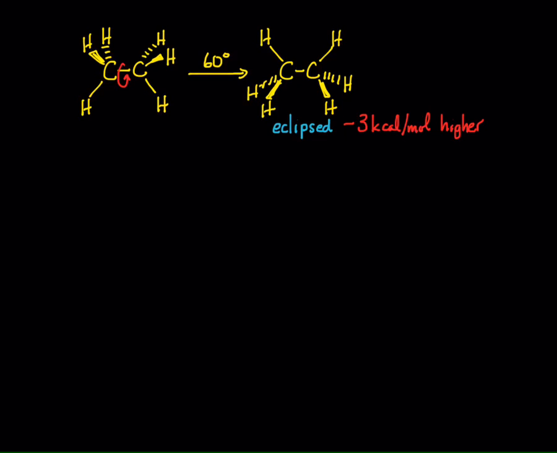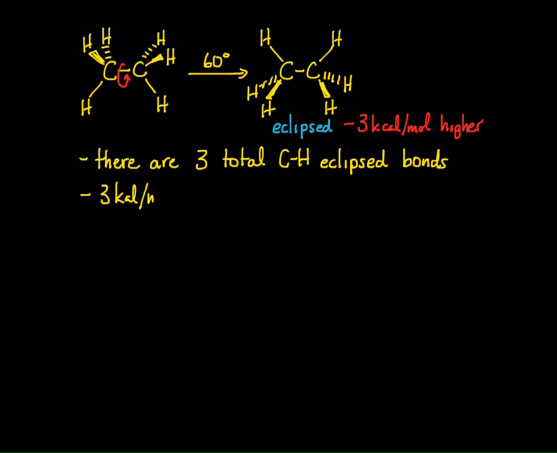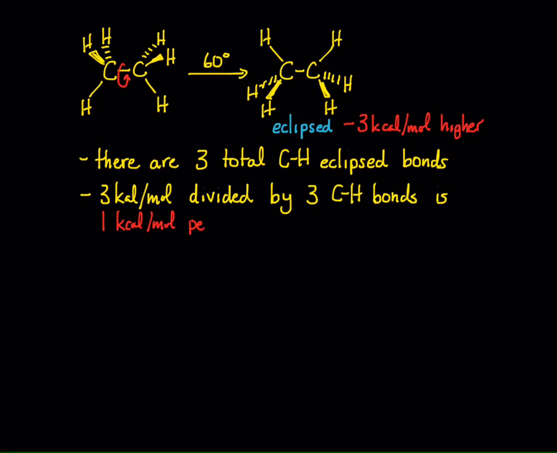Now, if we think about it, there are 3 carbon-hydrogen eclipsed bonds in ethane. So if we take the 3 kilocalories per mole and divide it by the 3 carbon-hydrogen bonds, we get a torsional strain of about 1 kilocalorie per mole per eclipsed carbon-hydrogen bond.